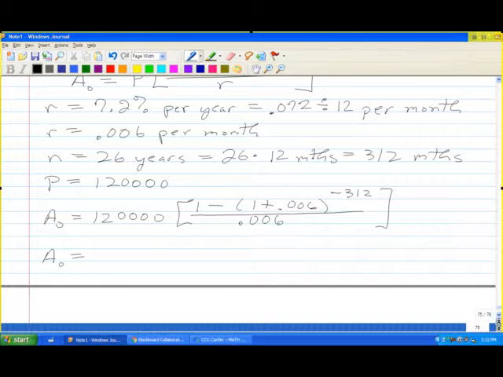And so 120,000 divided by 0.006 is 20 million.